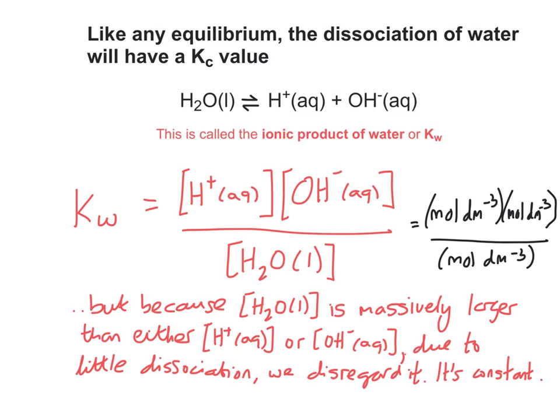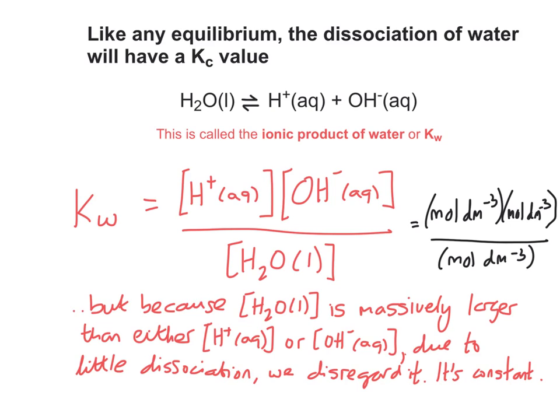However, because the concentration of water is massively larger than either the concentration of H plus or the concentration of OH minus, because of the fact that water doesn't dissociate very much in reality, we disregard it, we consider it mathematically constant, because it's so much bigger in any circumstances than either H plus or OH minus.